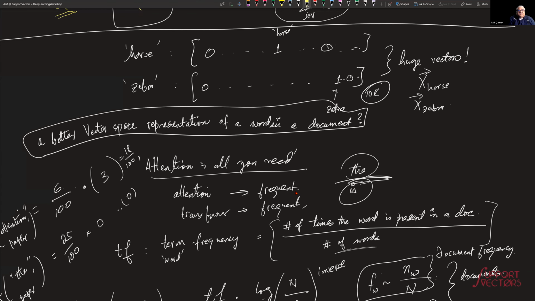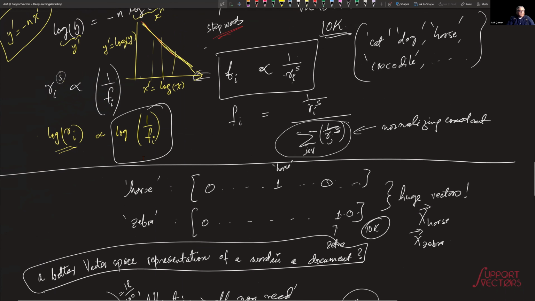Frequency is a good start, the relative frequency of the word compared to other words in the document, but we need to go a little bit further. So then what we do is, why don't we multiply it by this thing, the log rank, the interestingness of the word, or the bigger the log rank, the more interesting that word is.